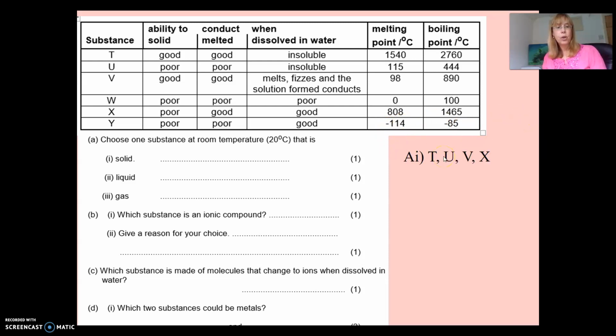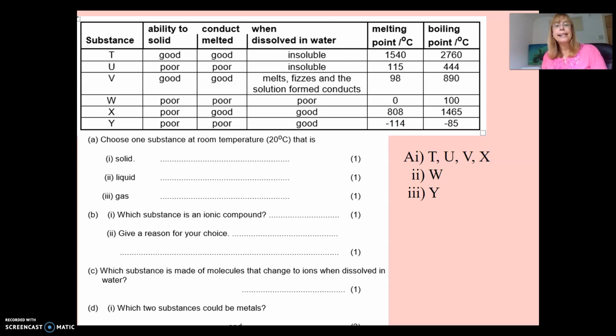So that's your answer for the first one. The liquid is obviously W because at 20 degrees the ice has already melted into liquid water, and Y is the gas.